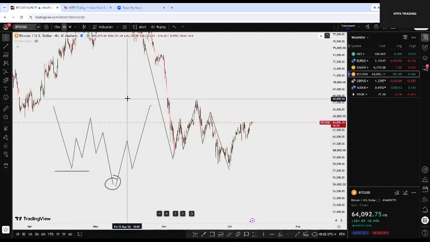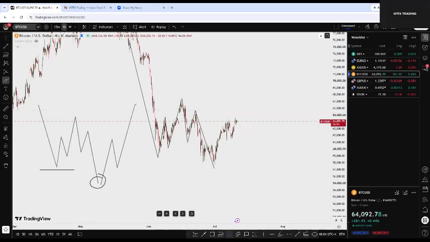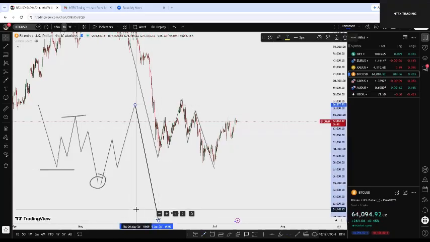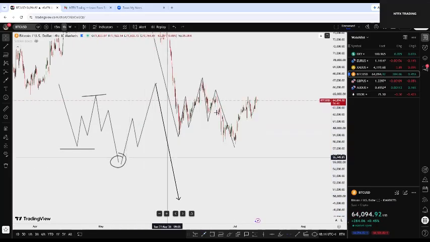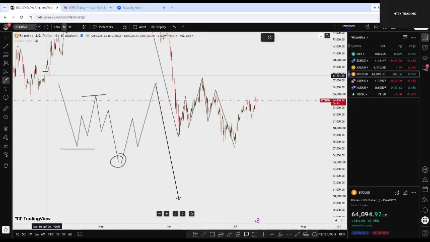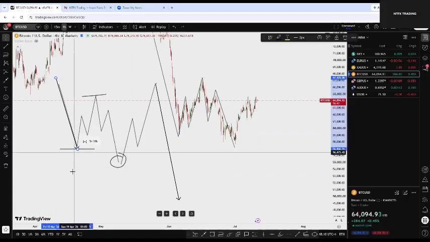Why do we need to break this top? If you break this top, then you have acquired liquidity that will take this market to the downside, for the completion of this structure.